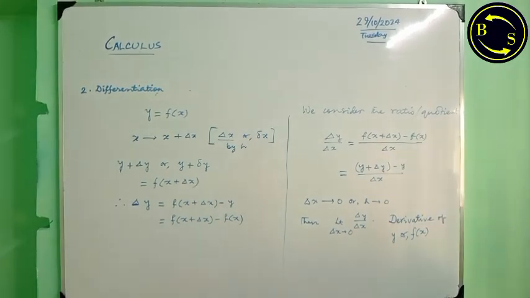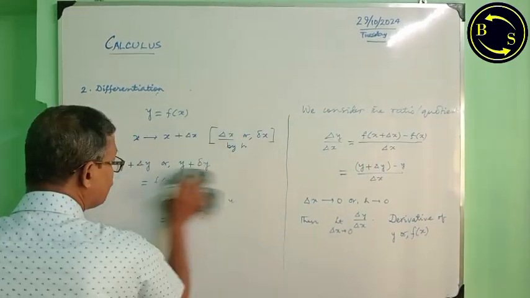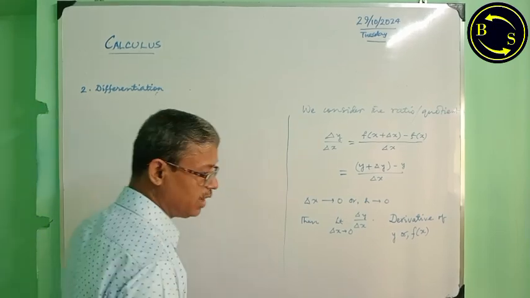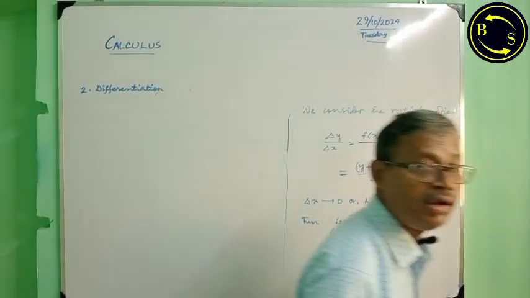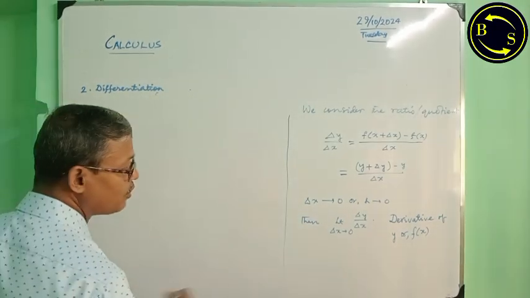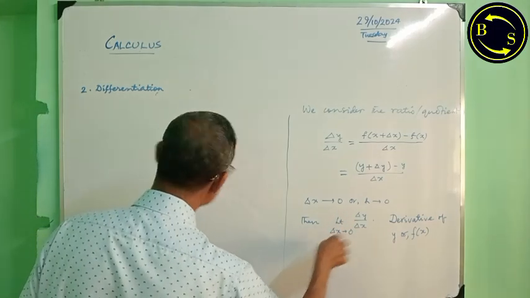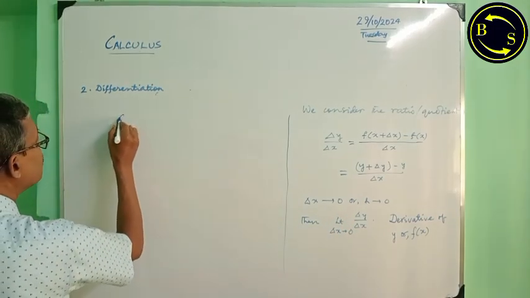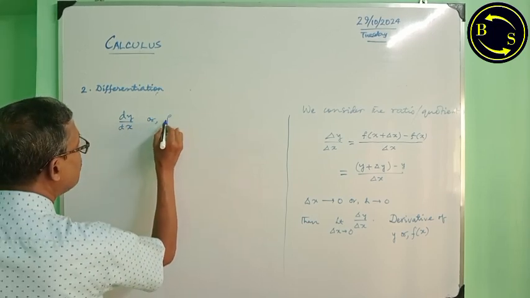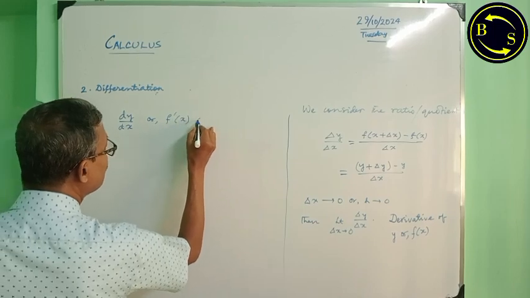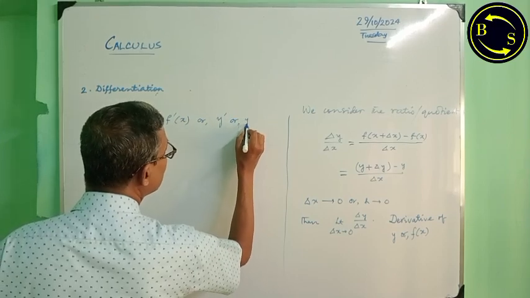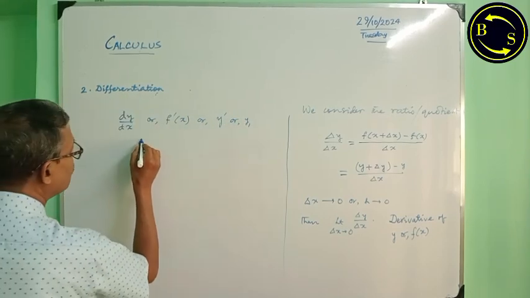Therefore, the derivative of the function y equal to f(x) is nothing but a limit, this limit, and this limit is represented by the symbol dy/dx or f dash x or y dash or y1.